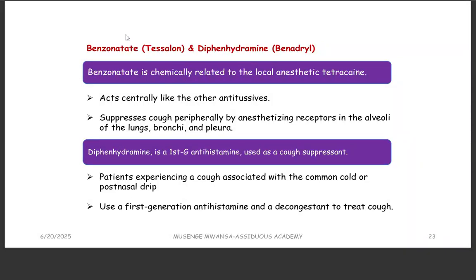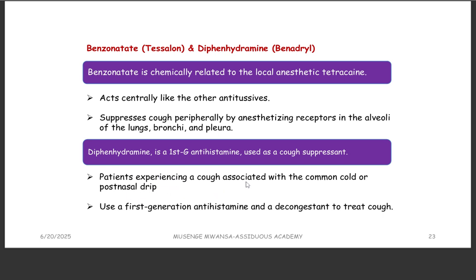You also have some other drugs like benzonatate, which is chemically related to the local anesthetic tetracaine. It also acts centrally, like the other antitussives, to suppress cough. Okay. You also have others like diphenhydramine, which is a first generation antihistamine used as a cough suppressant.